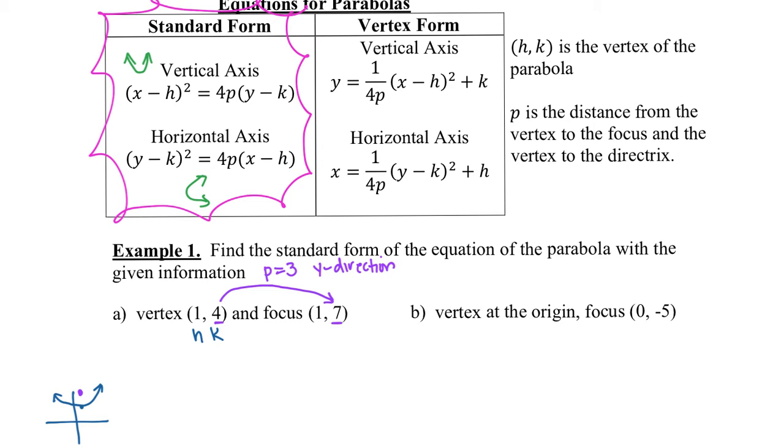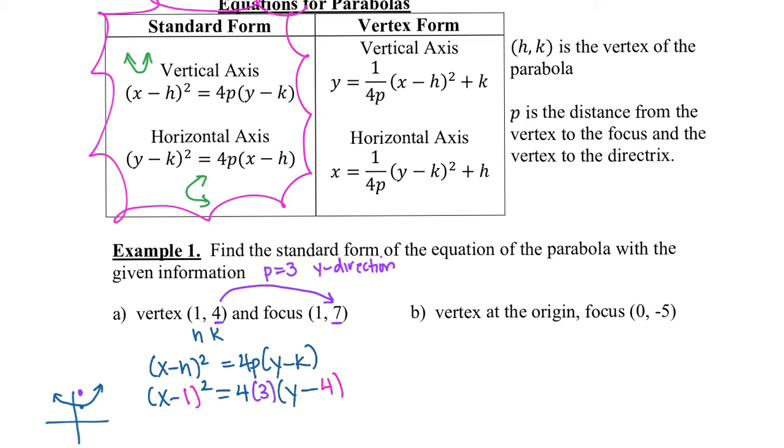I'm going to copy the standard form before I plug it in, but that's just because it's your notes. Okay, so my equation is x minus h squared equals 4 times p, where p is 3, times y minus my k value, which is 4.